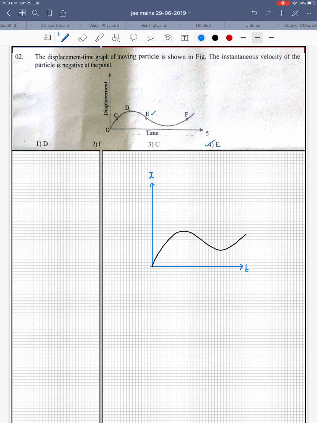Okay, so this is your E, and if you notice at point C, at point D, and at point F, and if you draw the tangents over there, so this is your tangent, maybe, and this is your tangent, and this is your tangent.